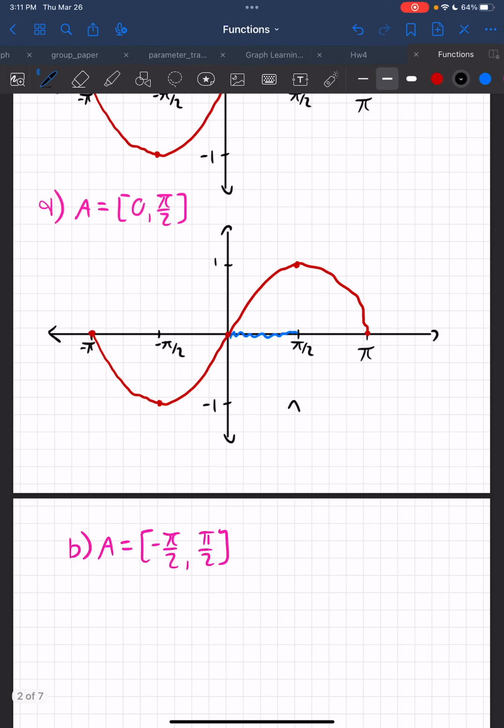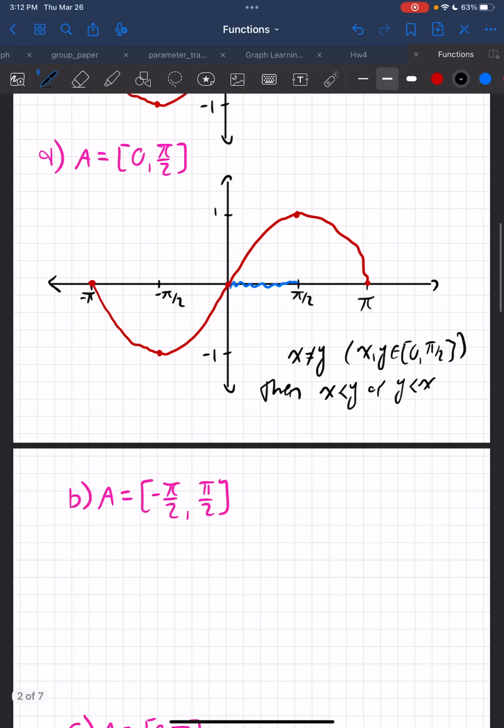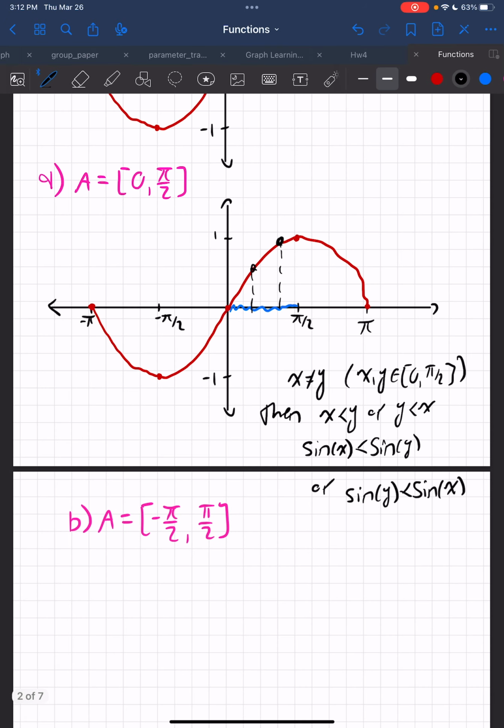So if I give you x not equal to y, where x and y are in the interval 0 through pi over 2, then x is less than y, or y is less than x. And so sine of x is less than sine of y, or sine of y is less than sine of x, right? And what this means is that if I give you different inputs, they're going to get mapped to different values. So sine of x is injective in this case.